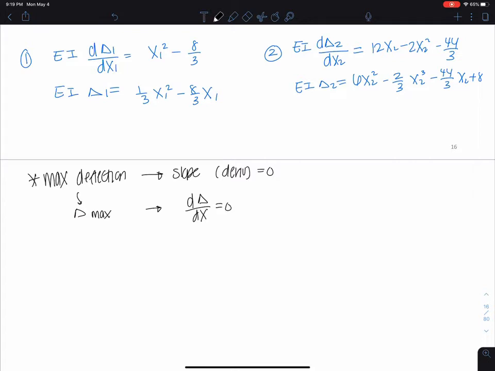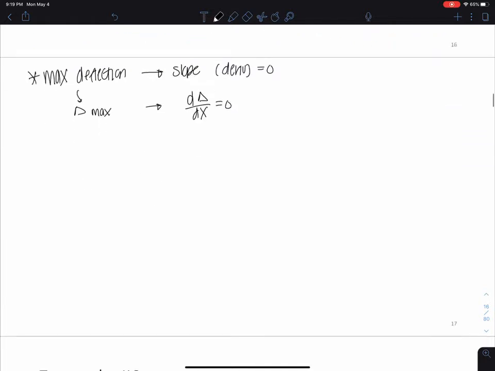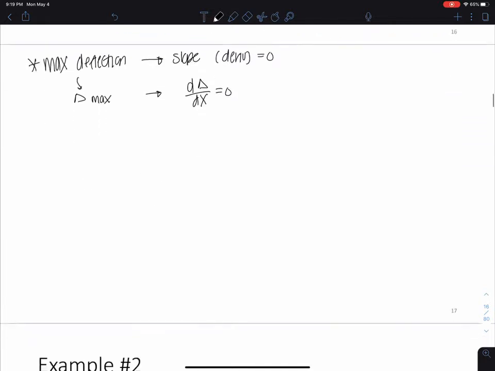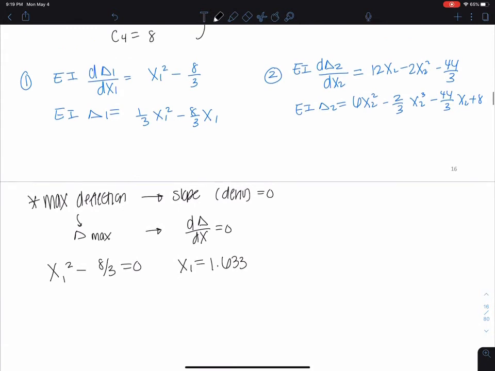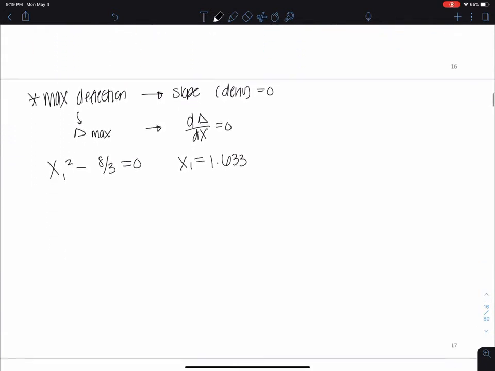I just need to set that equal to 0. Taking my delta equation, x1 squared minus 8 over 3 equals 0, I get x1 equals 1.633.